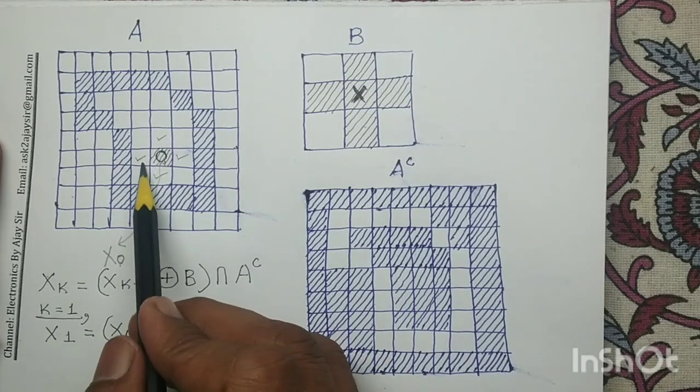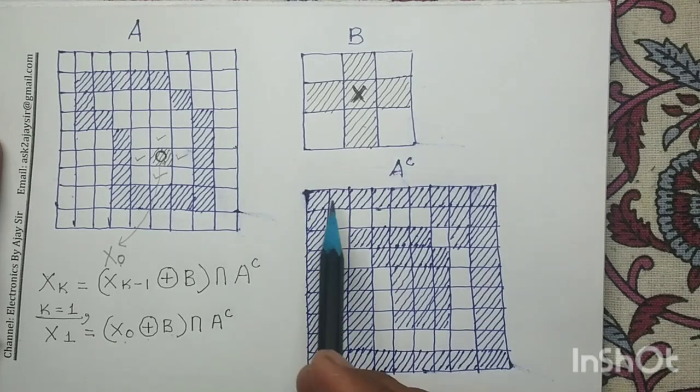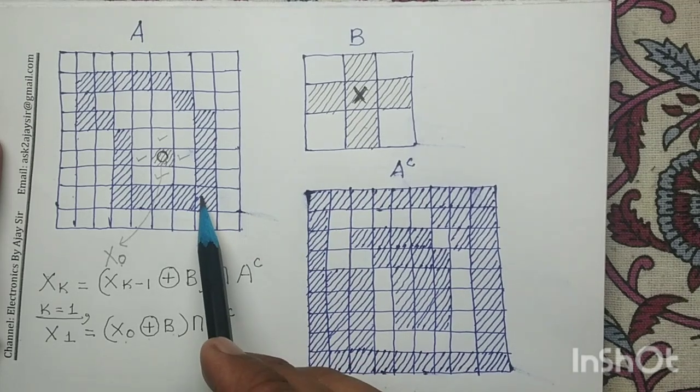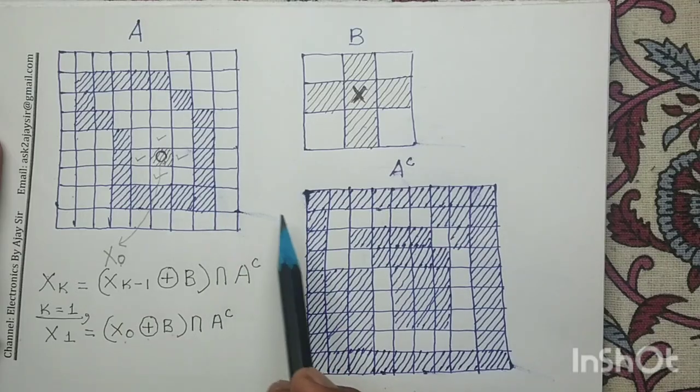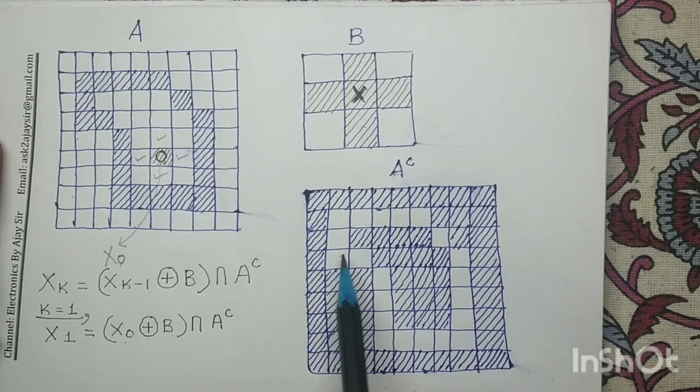Now this dilated result we have to compare with this A complement. In order to prepare this A complement, I have used a simple methodology. The shaded pixel in A, that is logic 1 in A, becomes unshaded in A complement, that is logic 0 in A complement.